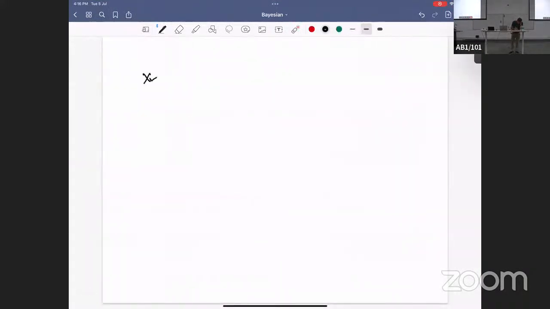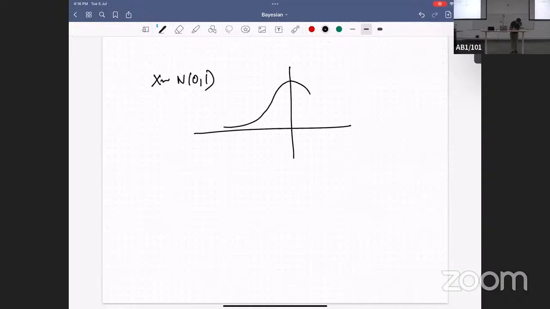Let me actually just explain it. So we write x is normally distributed with mean 0 and variance 1. Is this the normal distribution with mean 0 and variance 1, right?